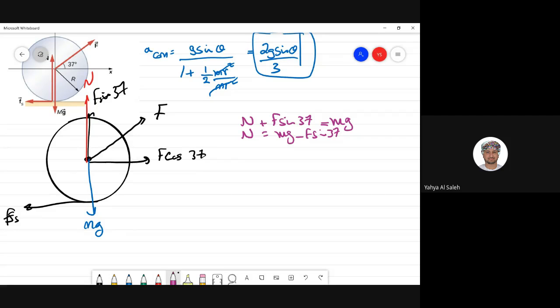That is in the y-axis. In the x-axis, F cosine 37 minus, since it's already moving, mu k times the normal force, is equal to my MA.